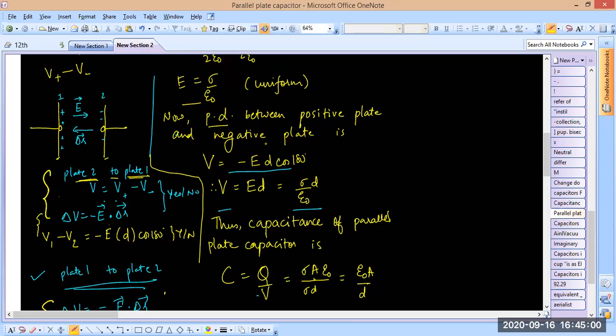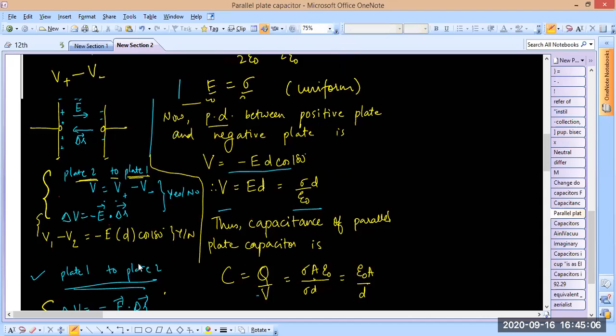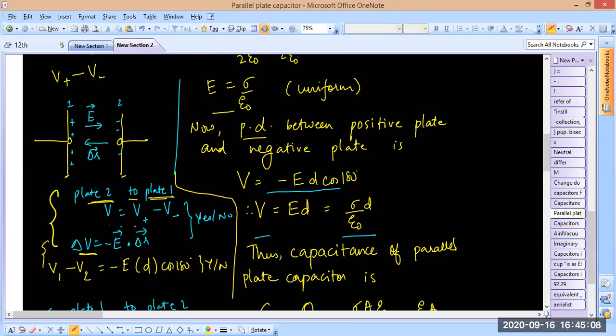I hope you can read it. We use that relation over there, and based on that relation, we derived this point. So we got that the potential difference is V equal to Ed. Now use it only for such situations. Don't use it everywhere.